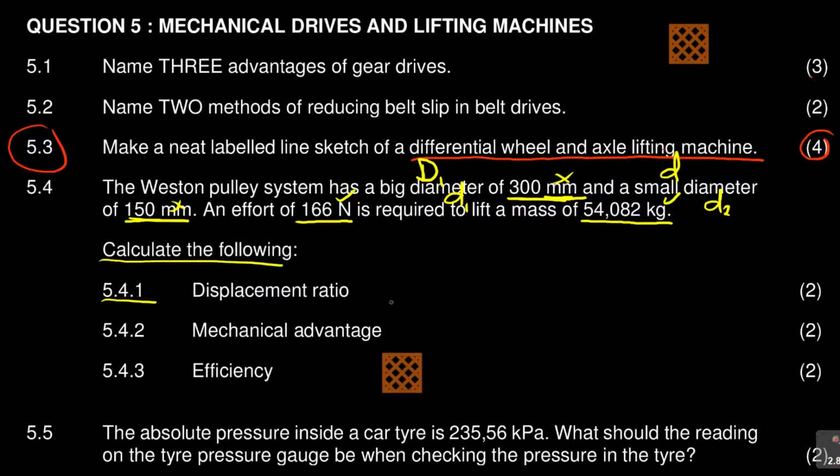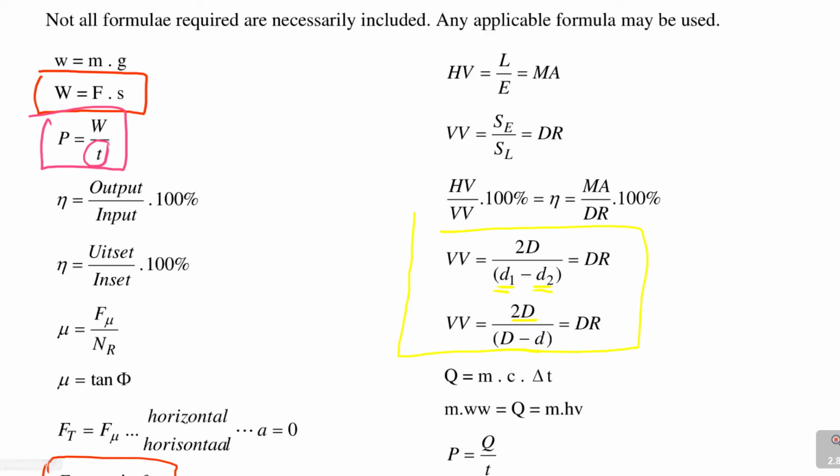So this first one, 5.1, displacement ratio, DR, is equal to 2D over what? It was D minus d. Let's check that. Here it's there, 2D over D minus d.